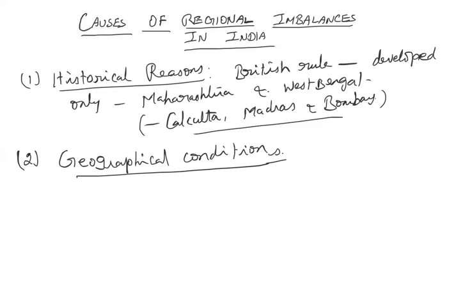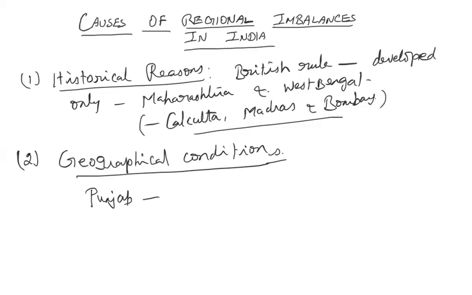For example, you take Punjab. We have seen that Punjab is one of the developed states in our country. What is the reason that Punjab is one of the developed states? Punjab is more concentrated on agriculture.